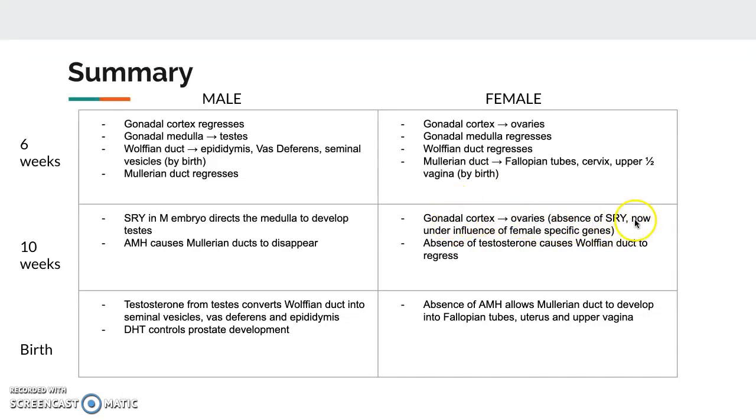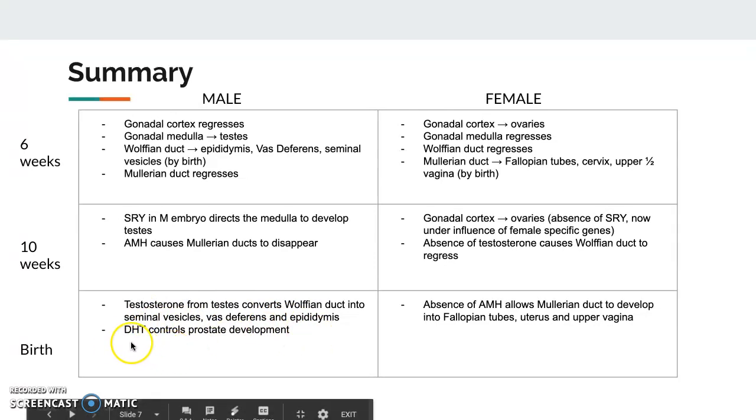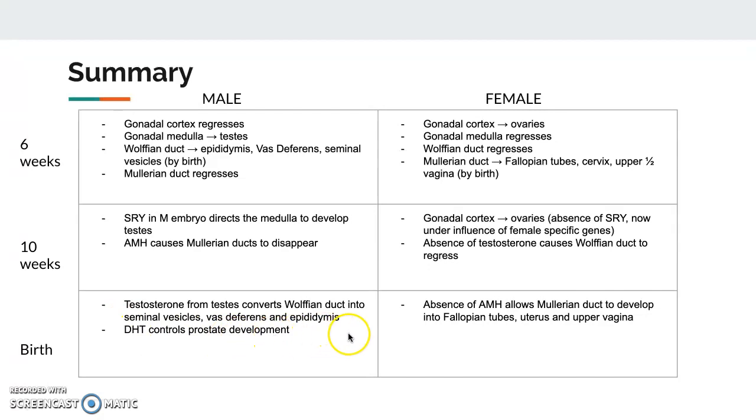The absence of this SRY gene leaves development under the influence of female-specific genes, which they don't really talk about in specifics in the book, but I guess that's the extent of what we need to know for the class. And then at birth, testosterone will form the testes, seminal vesicles, vas deferens, and epididymis, and DHT controls the prostate development. In the absence of AMH, the Mullerian duct develops into the fallopian tubes, uterus, and vagina.